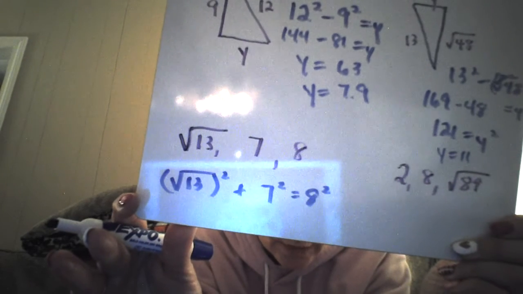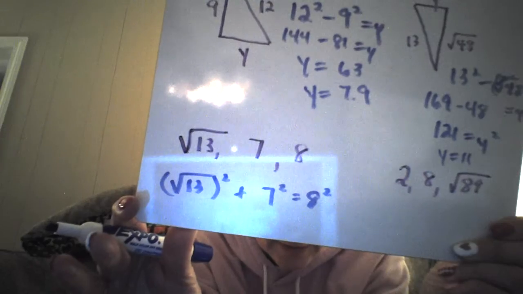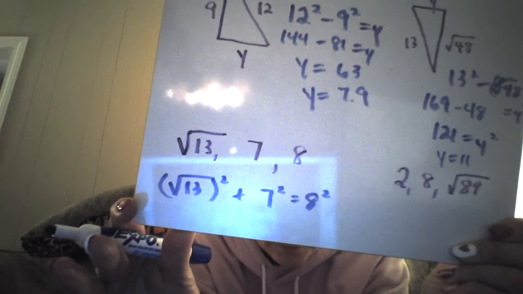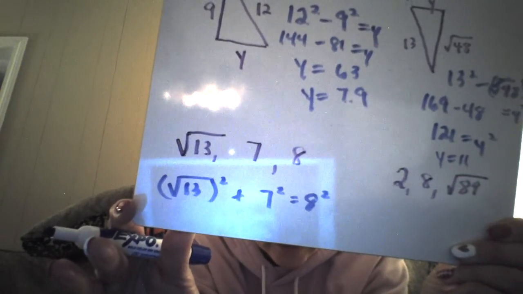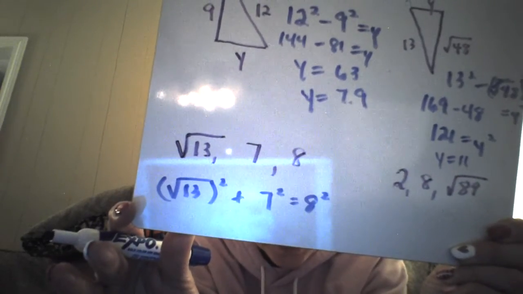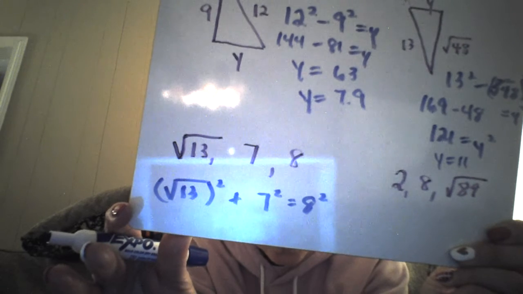So again, the square root of 13 squared plus 7 squared should equal 8 squared if it is a right triangle. The square gets rid of the square root, so this is 13. Then 7 squared is 49, and 8 squared is 64.